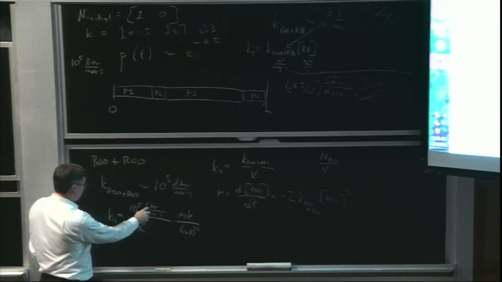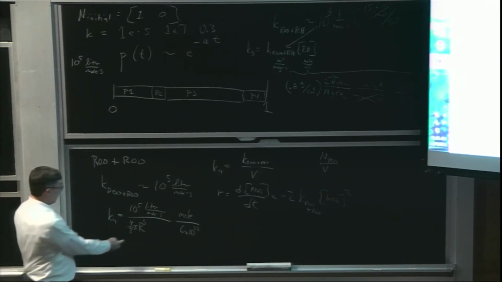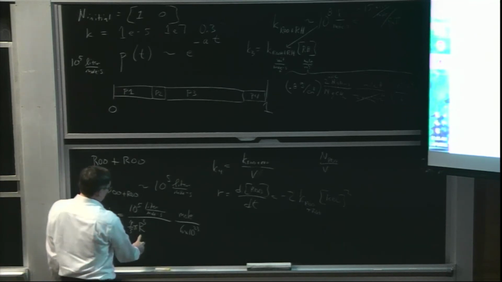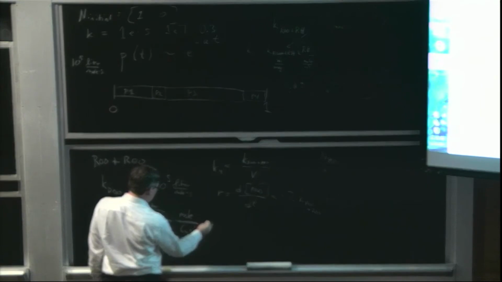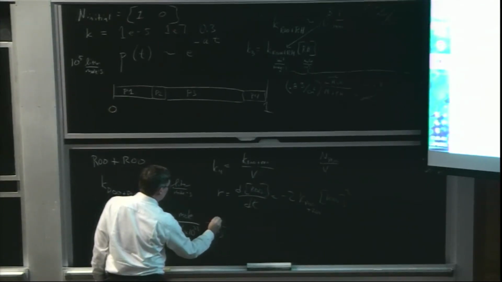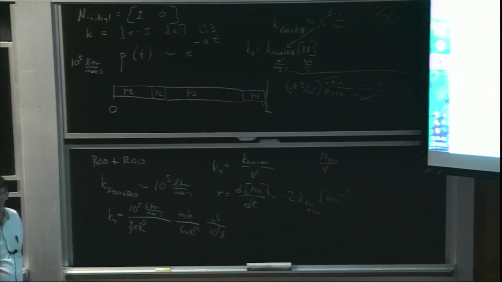We have to make sure that the liters match up, which is not going to be so easy. You might use 10 to the minus 6 meters, so this is going to be meters cubed. So I need 10 to the 3 liters per meter cubed, and I think that will all work out to be per second.